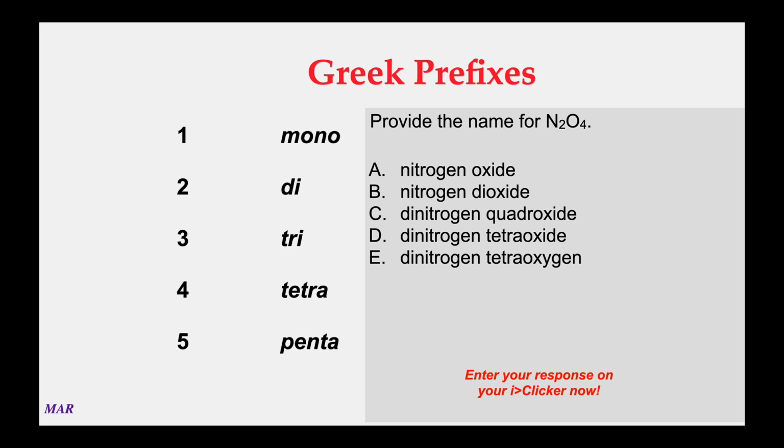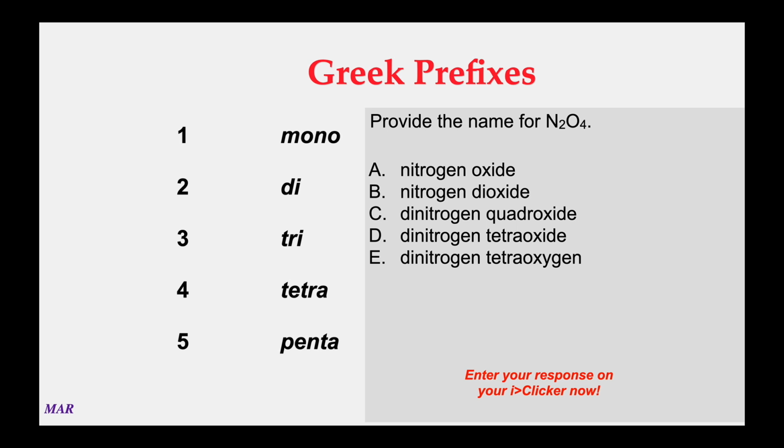Let's find a name for N2O4, all right? What I would do is first try and figure out, is there a metal present? Both nitrogen and oxygen are in the upper right-hand corner of the periodic table. They're above the metalloid line, so they're both nonmetals. So this is when we can use Greek prefixes. If the first atom listed has more than one, you do want to put in a Greek prefix.